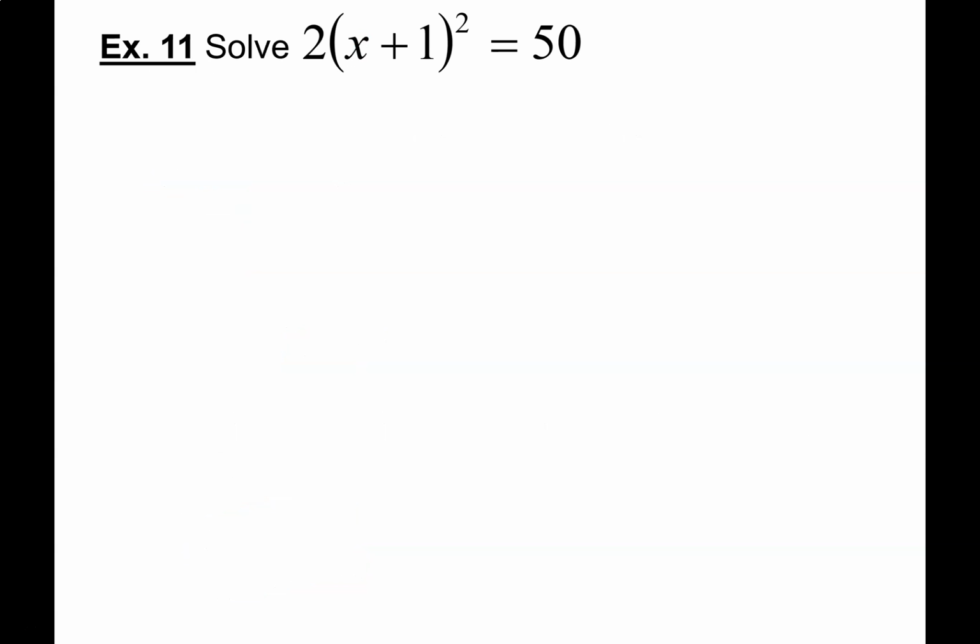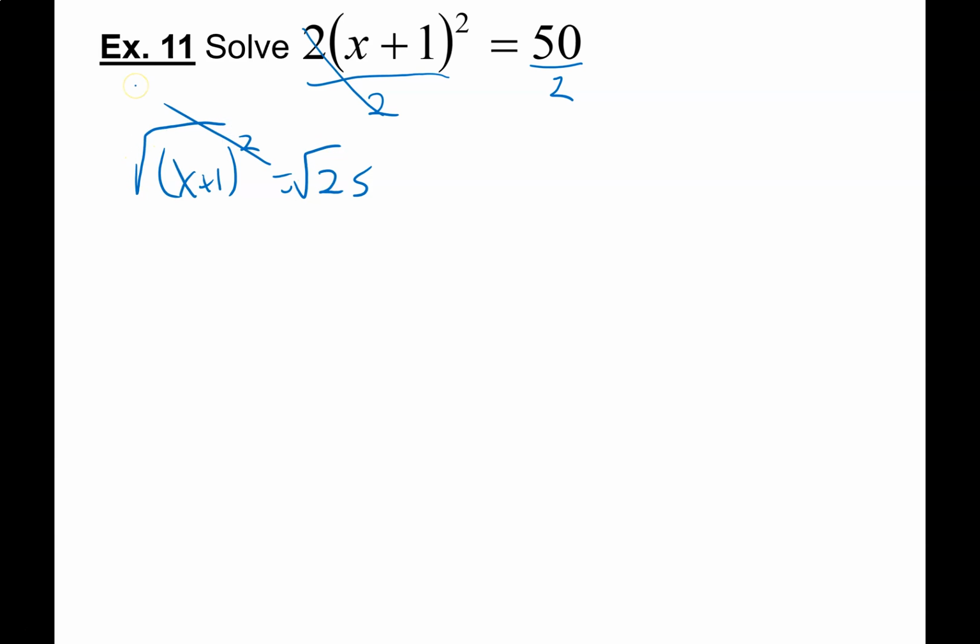Now this one's a little harder. Let's take a look at that and see what I see. First thing I'm going to do is tell that 2, it's been nice knowing you, but get. So these particular problems are kind of like what you did when you did completing the square, when you got to where you had the square completed and then you went about getting rid of it. So I take the square root of 25, which is 5, and I take the plus or minus of it.